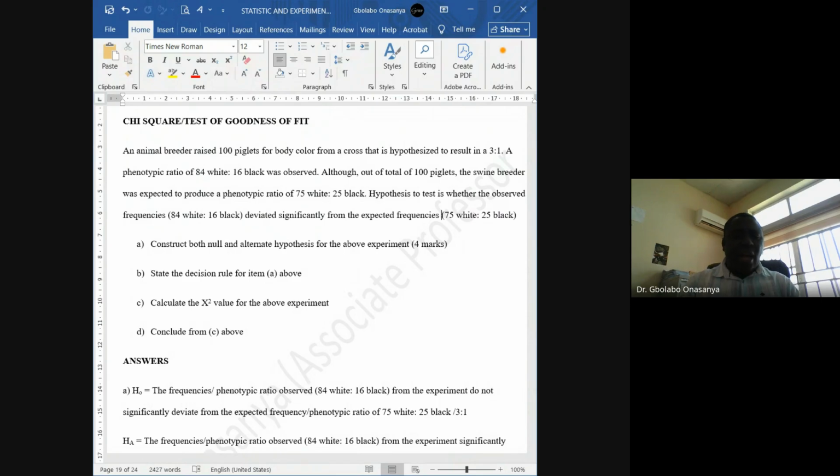The hypothesis to test is whether the observed frequency, which is 84 white to 16 black piglets, deviates significantly from the expected frequency, which is 75 white, 25 black. Question 1: construct the null hypothesis and the alternate hypothesis for the experiment above.